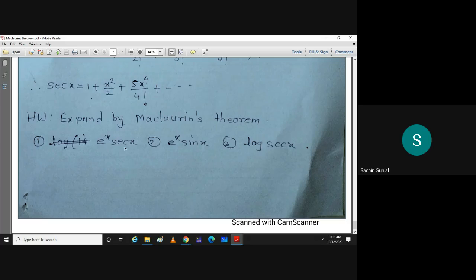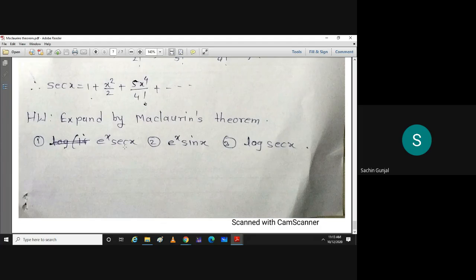Yes, anybody? Sir, we'll differentiate e power x sec x, and we know that e power x stays the same no matter how many times you differentiate it. So from there you can move forward.